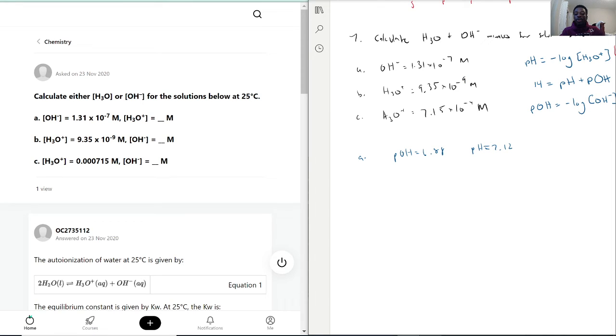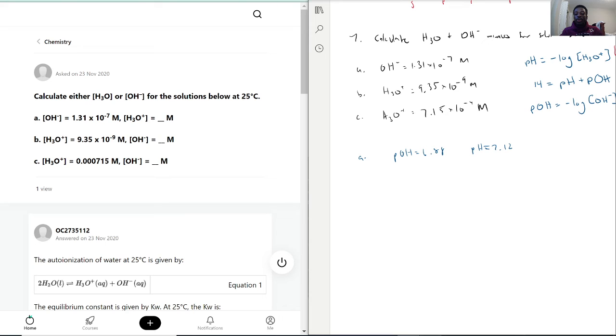And now, in order to find out the concentration of H3O, we use this formula here, 10 to the minus pH. So that's 10 to the power of negative that answer we got. And we get 1, 2, 3, 4, 5, 6, 7, 8.